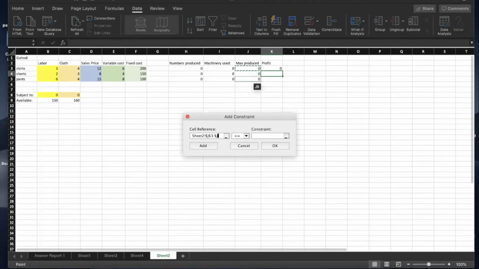So if we only have enough labor available and enough quote available to produce, let's say, 40 shirts, we cannot produce more than that, even if we want to. So that's what we are doing here. I'm just highlighting the whole column of maximum production to be greater or equal to the numbers that were actually produced.